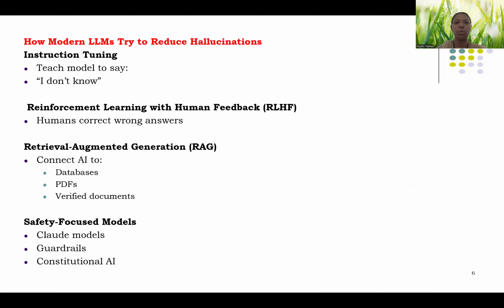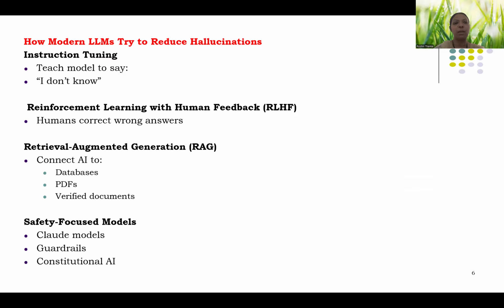You might have heard about it. RAG means retrieval augmented generation. Here we can ground our LLM with external resources like a database, PDF, or other verified documents so that the LLM can refer to these external resources. That is the retrieval augmented part. We are augmenting the LLM with external resources so that it can verify against the attached, grounded document, get the answer from that, and then respond back. Using this way, you can also reduce hallucination.